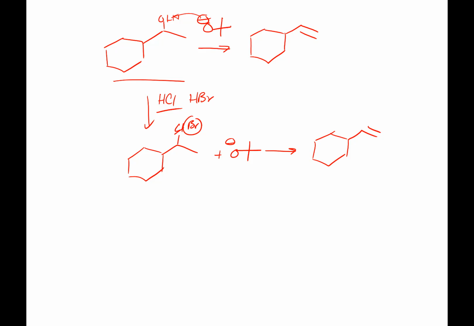There are better methods, and so the better methods would be to convert the OH to Cl, would be to use something like PCl3. Or another reagent is SOCl2. Or to go with PCl3, there's also PCl5. And then thionyl chloride. So these reagents will convert the OH directly to the Cl.